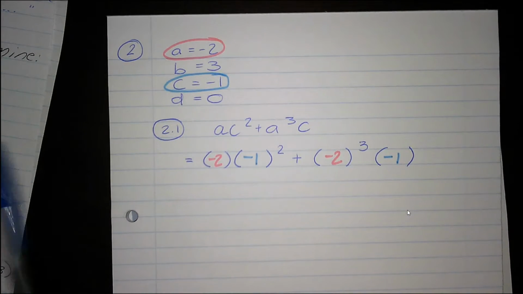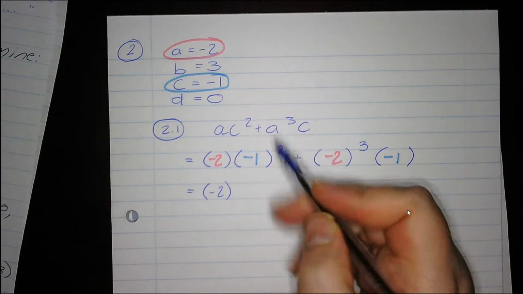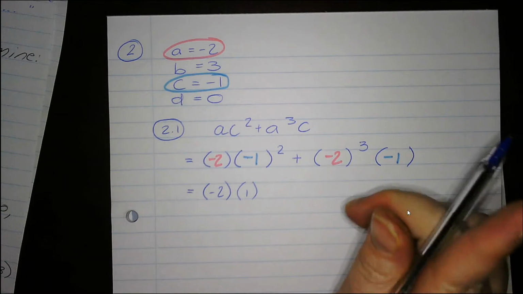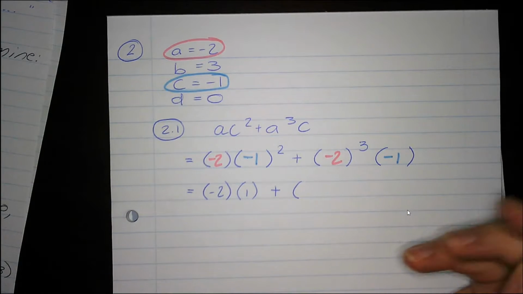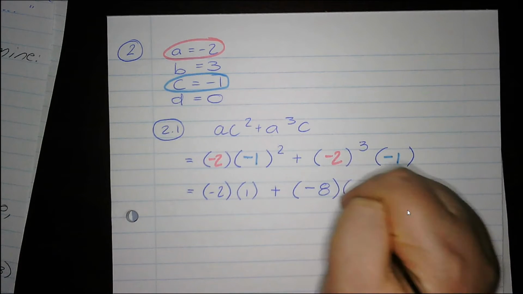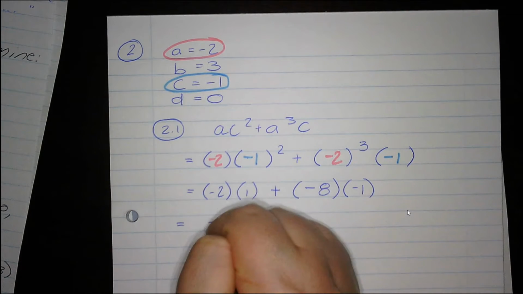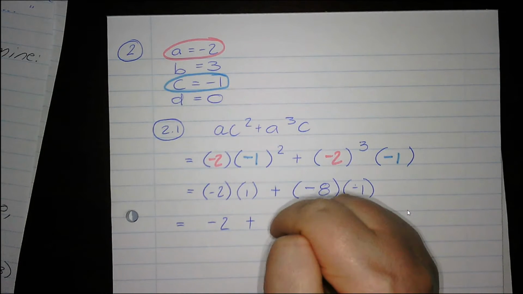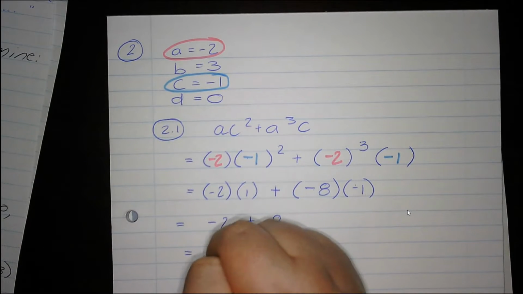That -2 stays the way it was until we've done with the exponents. Negative 1 squared is positive, and 1 squared is not 2, it's 1. Plus, negative to an odd power is negative. 2 cubed is 8, not 6, times -1. -2 times 1 is -2, plus -8 times -1 is +8, and that's going to give me -2 plus 8, which is 6.